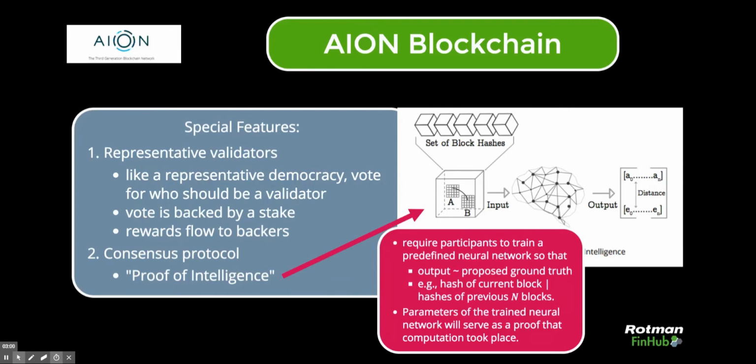So for instance, when you have a set of previous blocks and you have the hashes for those, and you find the hash of the current block, then there's a relation between the two, and that is expressed by the output. And the parameters of the trained neural network will then serve as a proof that a computation in fact took place. So that's the proof of intelligence.